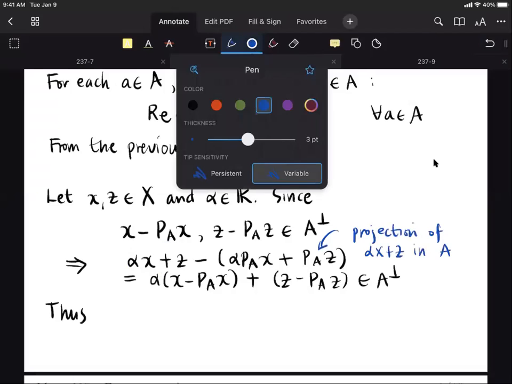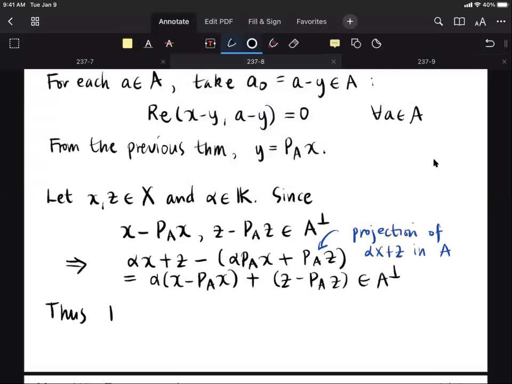So therefore, we conclude that the projection of the linear combination is the linear combination of the projections. Hence, the projection is linear.